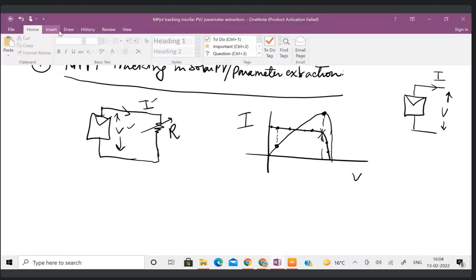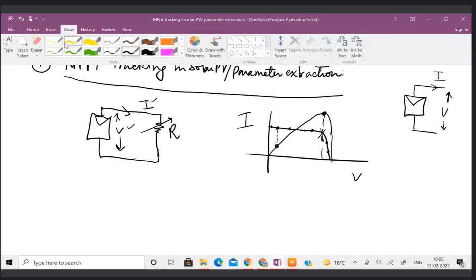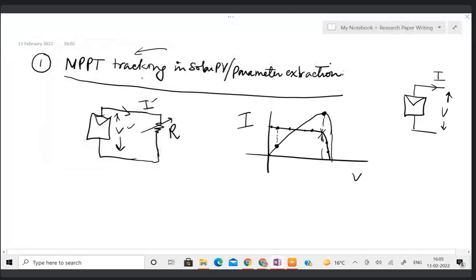Let me take a different color. Let me take red. So the power drawn is this. Okay. And if the IV point is here corresponding to some value of R, then this is the power. So only one value of R, let me call it R max.